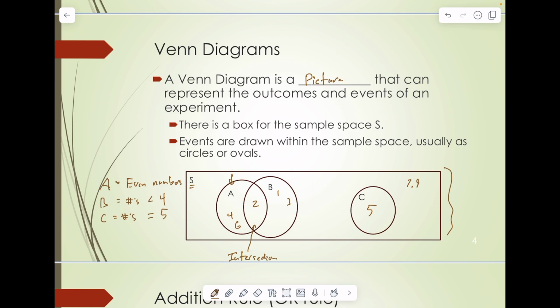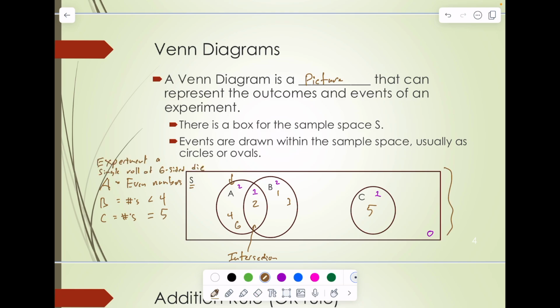Often in these Venn diagrams, you will see numbers written in them, but they don't represent the outcome. They represent how many outcomes are in the set. So this here, we've got one element in that set. B has 3 elements total. 2 elements are in B and not in A. 1 element is in B and A, and 2 elements are in A. And there are 0 elements outside of S. So again, we're thinking about a 6-sided die.